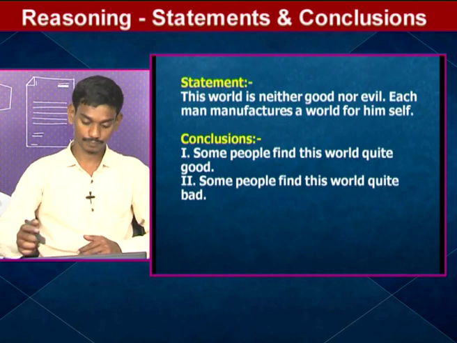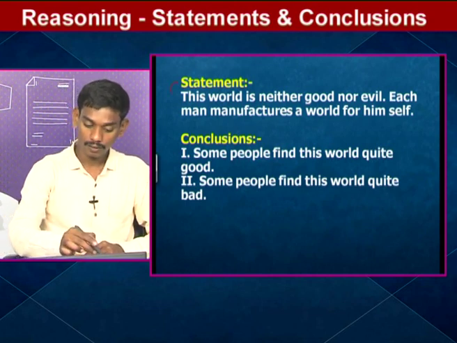See here. First of all, please understand the given statement. Some of the people make this world good. For example, now I am in a good position, so this world is very good to me, and I am becoming some important person in society, good, so all is good to me.